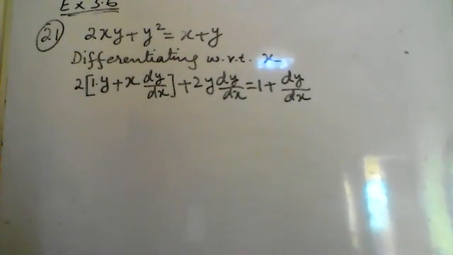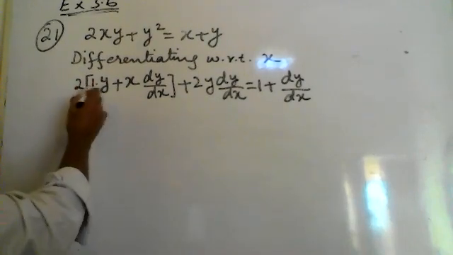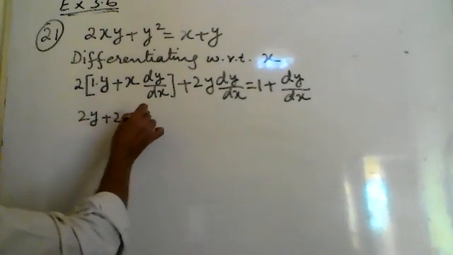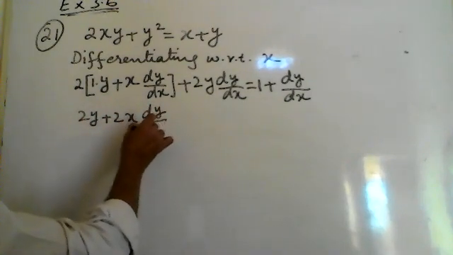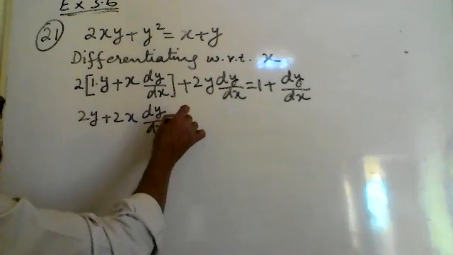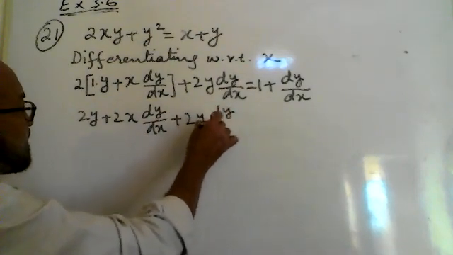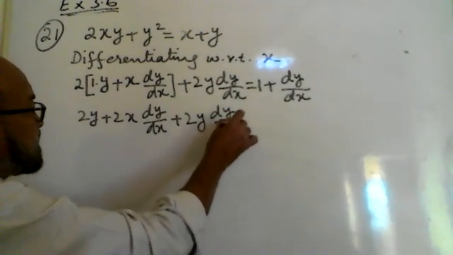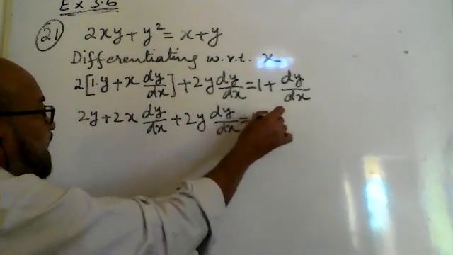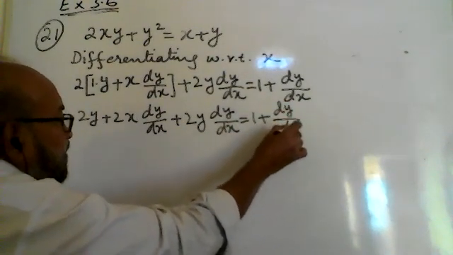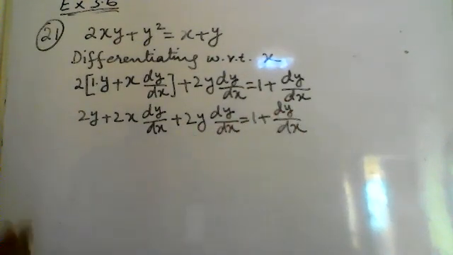Okay, open the first bracket, it will become 2y plus 2x dy upon dx plus 2y dy upon dx is equal to 1 plus dy upon dx. All the dy upon dx will be shifted on the left side.